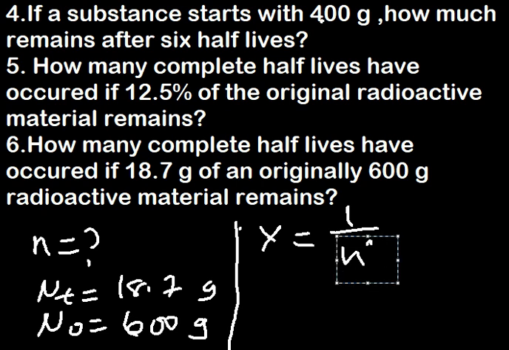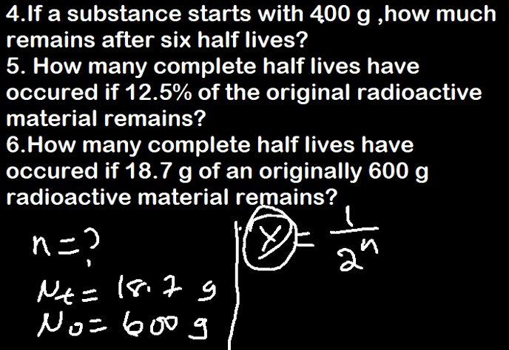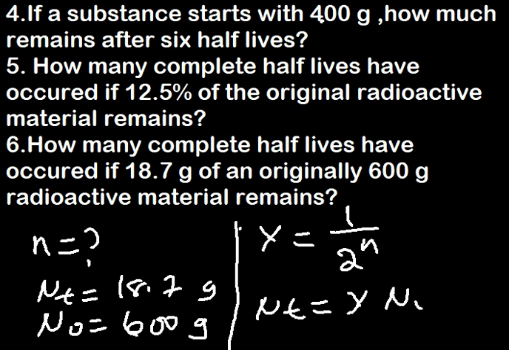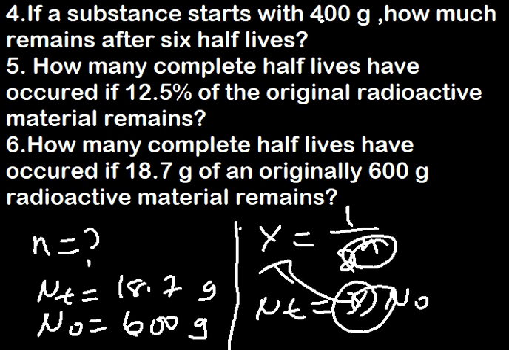What you'll be looking for is that one, and the final contents is given as the fraction remaining times the initial contents. You'll be able to have that and put it here. So keep that in mind.